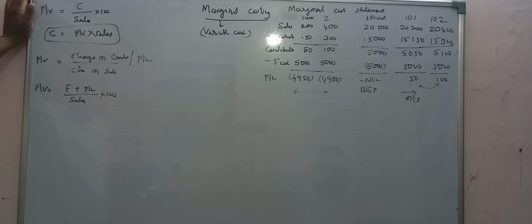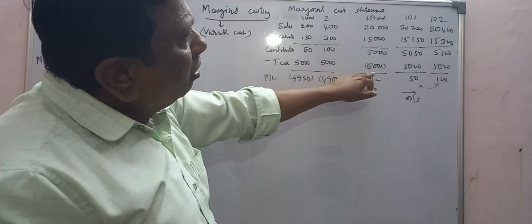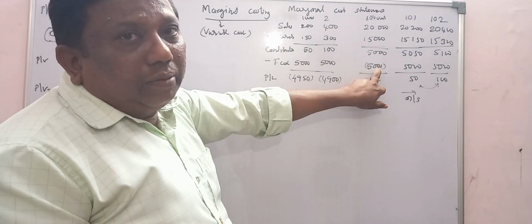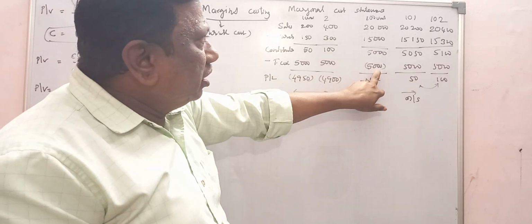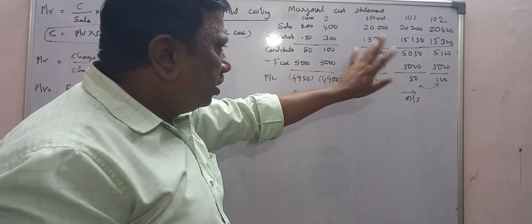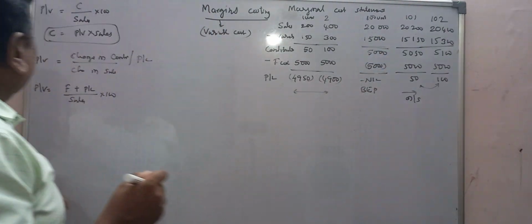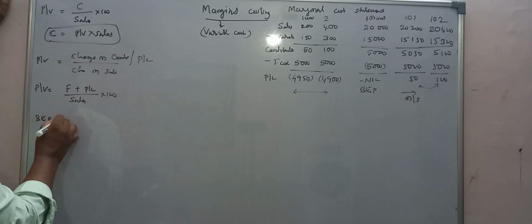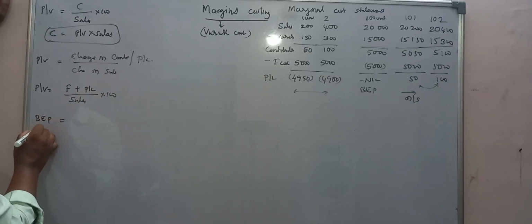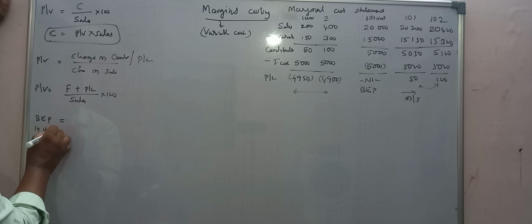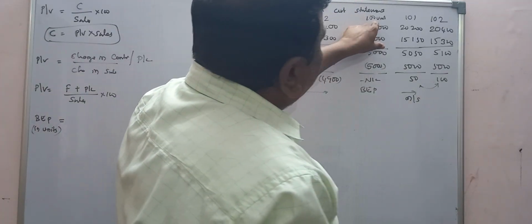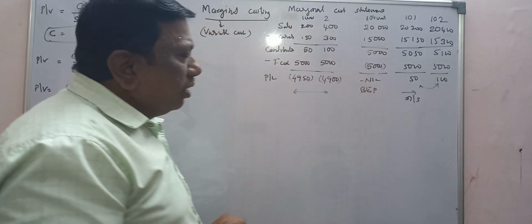Now to get break-even point: when we are reaching fixed cost, then only we will get profit, correct, right? Break-even point, there is no loss, no profit position. To get BEP in units, if I sold 100 units, then I am reaching BEP, right?